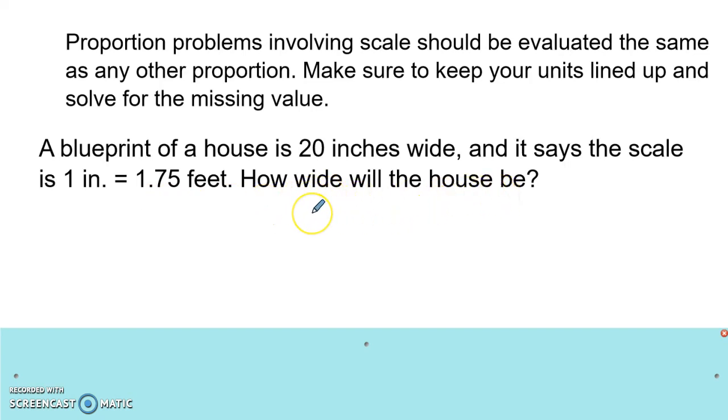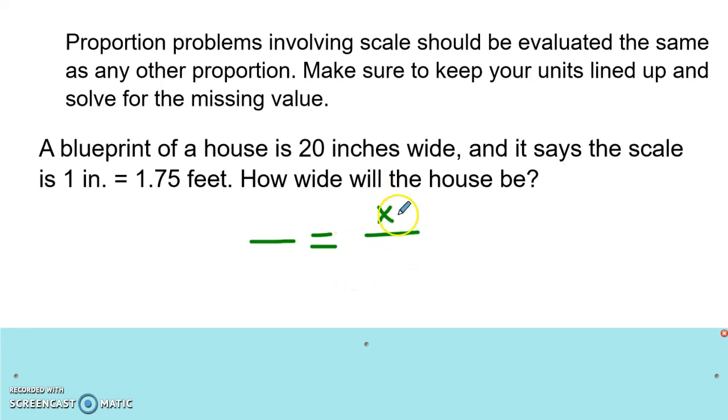So when I set up my proportion, if my missing value is feet, I'm going to want to make sure that that ends up being on the top of one of my ratios, so that it's easy to solve.